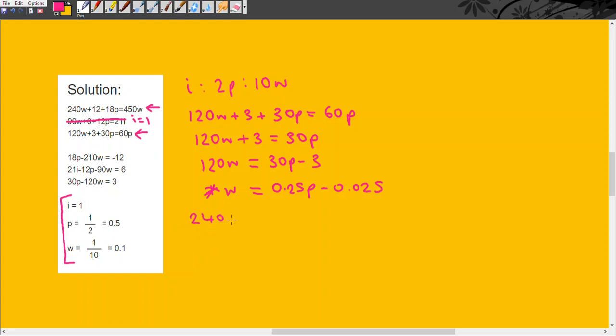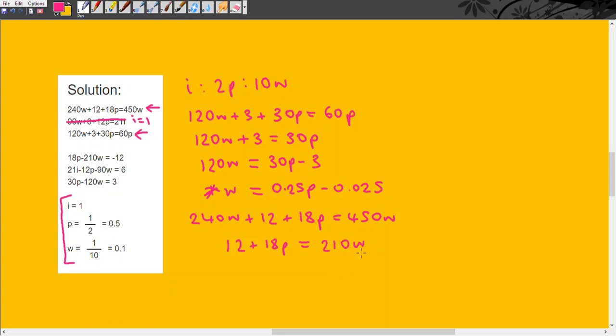So 240 wheat plus 12 plus 18p equals 450 wheat. So the first thing we can do, we can minus 240 wheat from both sides. Then we're going to have 12 plus 18p equals 210 wheat.